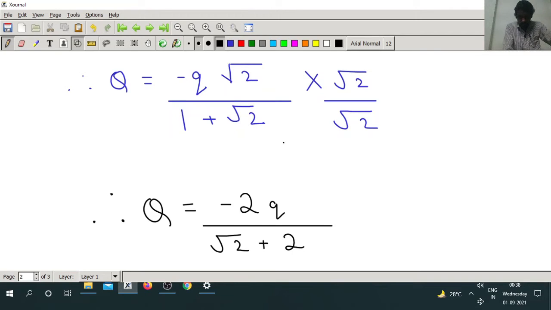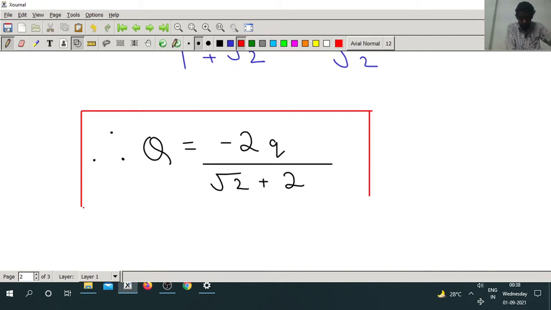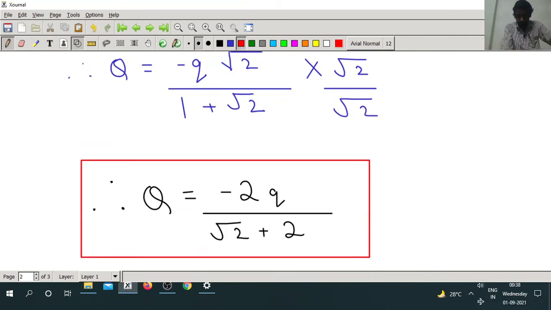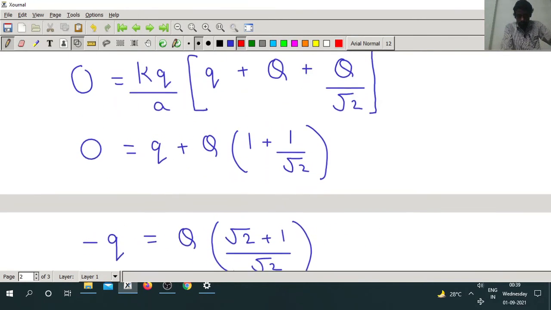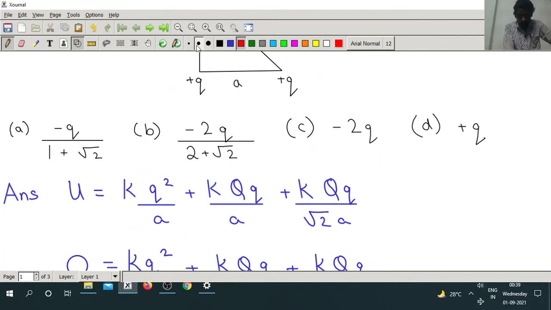So this is our final answer. Students, capital Q is equal to minus 2 q upon 2 plus under root 2. This is the answer, that is B. The answer of this question is B.